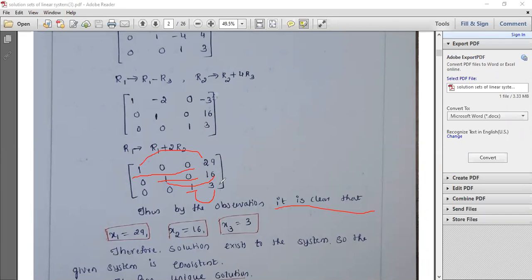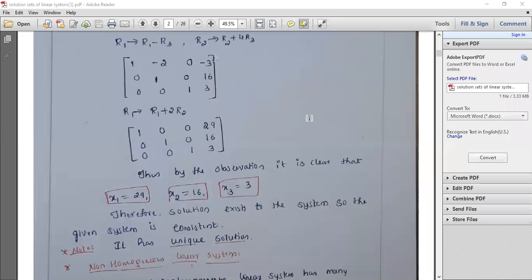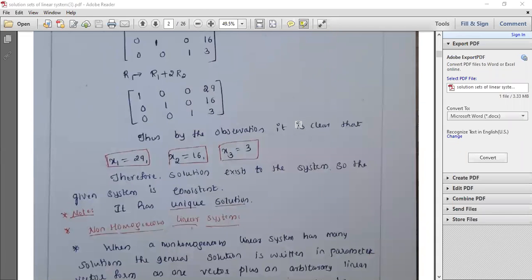So this implies what? We are having a solution now. So it is, of course, a unique solution. Therefore, the solution exists, and the solution which existed here is a unique solution. Then the system is consistent or inconsistent? Consistent, ma'am.